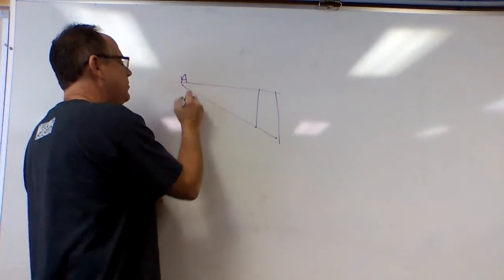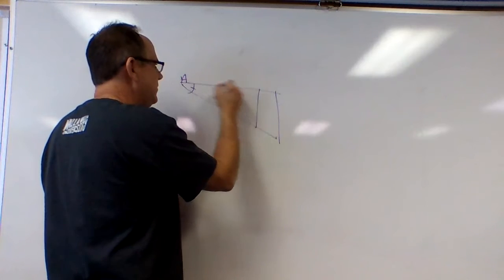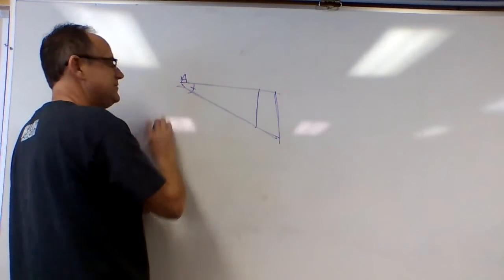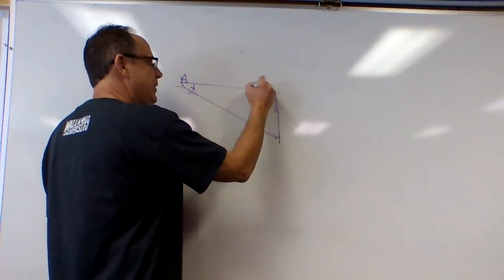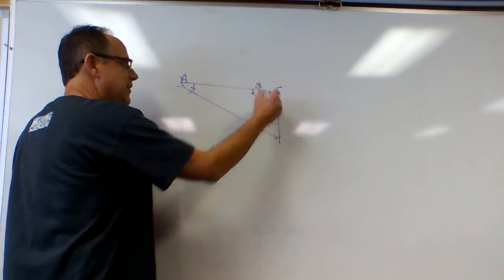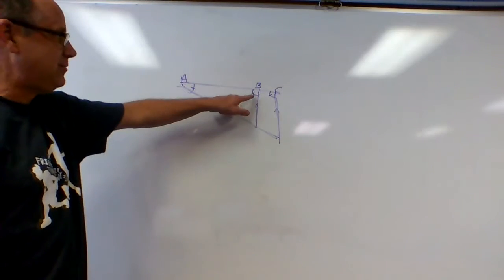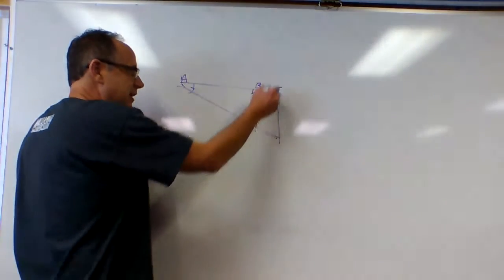Angle A would be common with this triangle and this triangle, right? It's common. These are parallel. We have angle B here and angle C there. So angle B and angle C are going to be congruent because these are parallel lines.